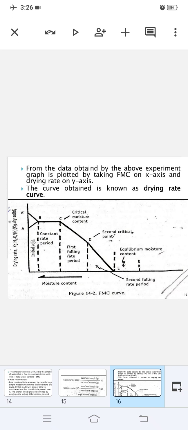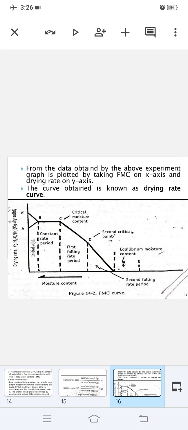Now let us study what is happening from point C, the critical moisture content, to point D, the second critical point. CD represents the first falling rate period, also known as unsaturated surface drying.